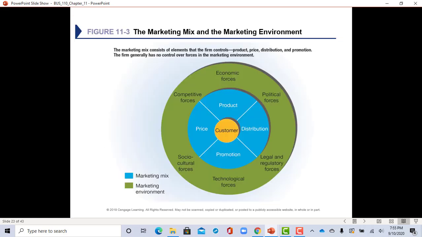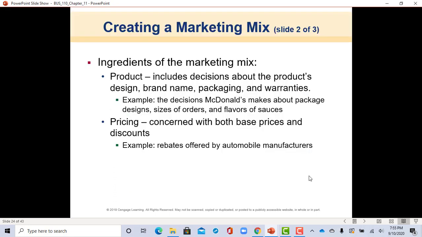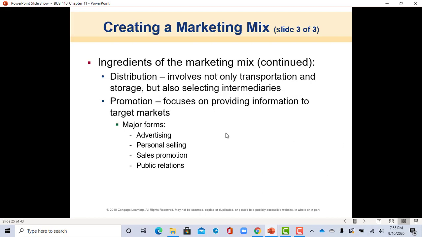The marketing environment forces impact the marketing mix decisions, as you can see in this visual. When combined, the four ingredients make the marketing mix. The ingredients are controllable elements.